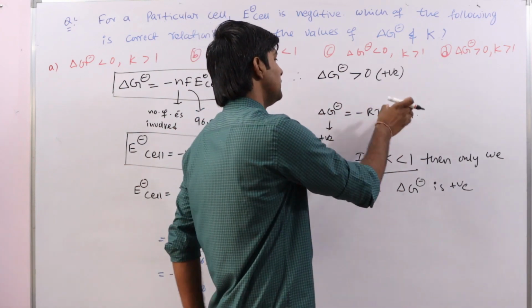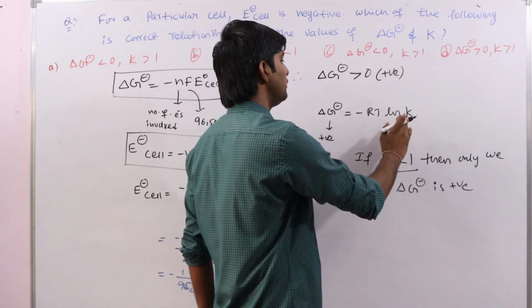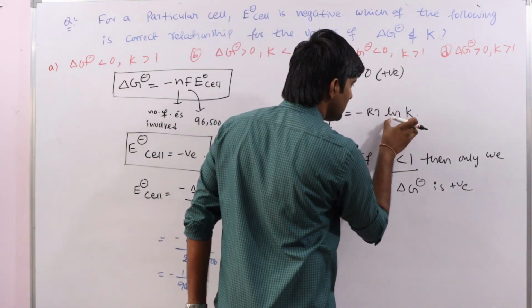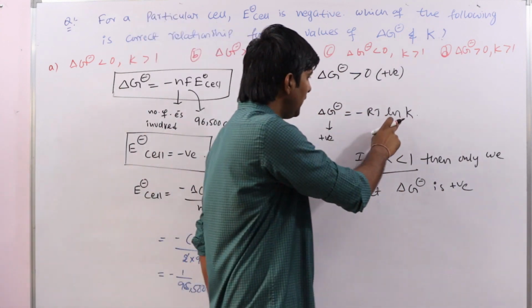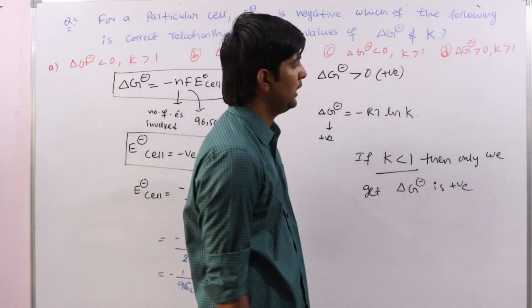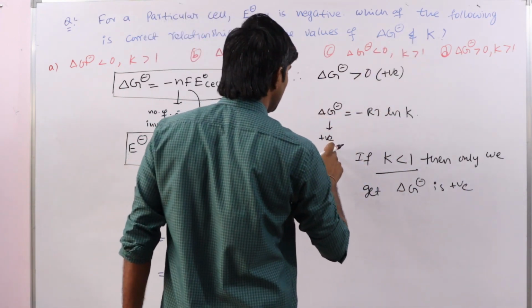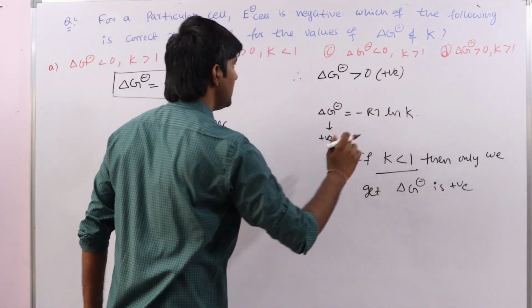So this ln K value must be negative, in that case minus into minus we get plus. Only when K is less than 1 will ln K be negative. So negative into negative will be positive, and then only we get delta G naught positive when K is less than 1.